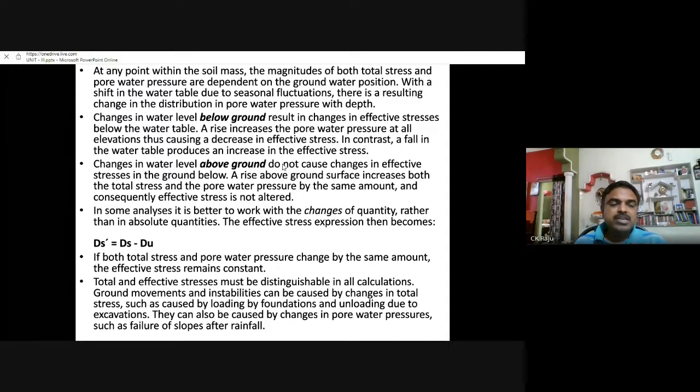That's only for very fine sands and silts. What happens is, during an earthquake, the earthquake force is suddenly applied to the soil mass, which increases the pore water pressure because the pressure does not dissipate.